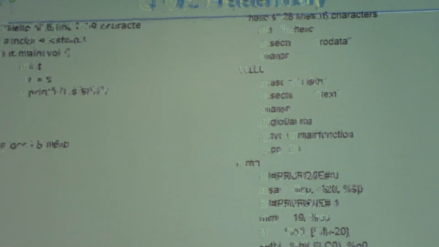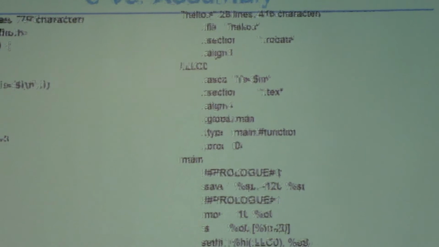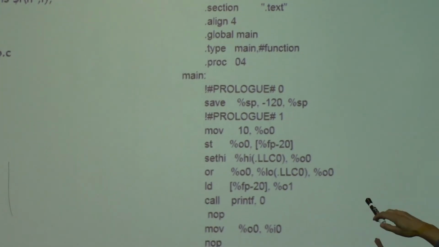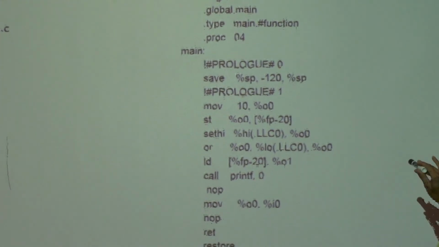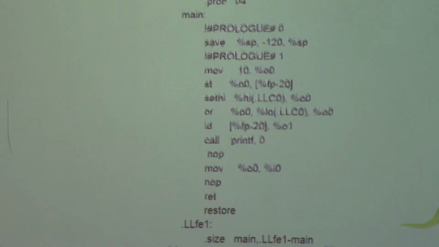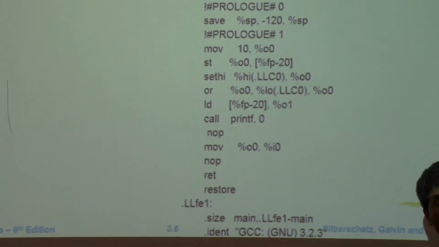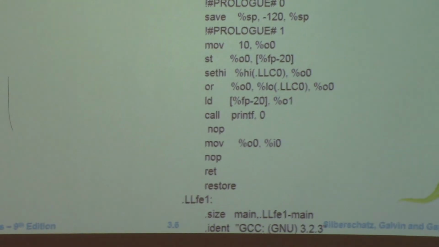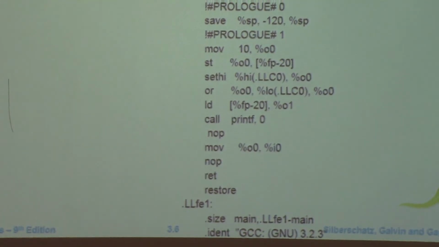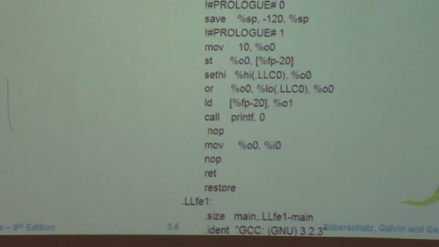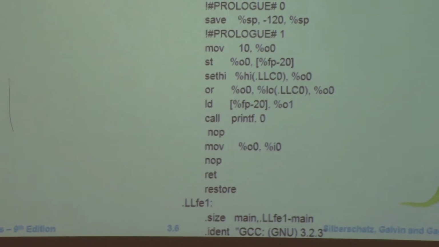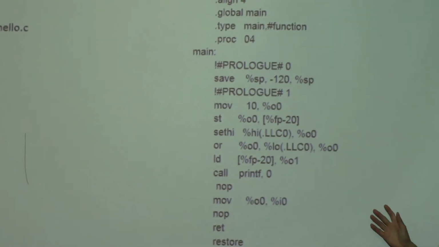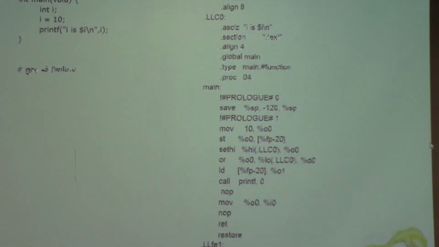Okay, this part is the main part. So you can slightly understand. For example, there is some register information, something to where the address, something like that. It's very hard to manually convert the code of this one. However, when you develop this compiler program, definitely you should know this kind of thing.